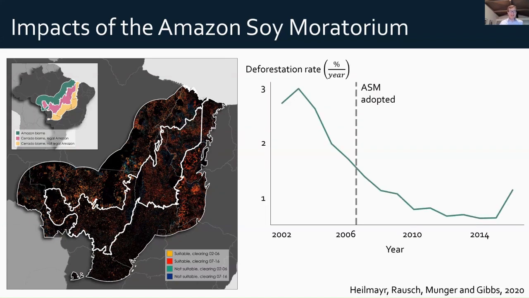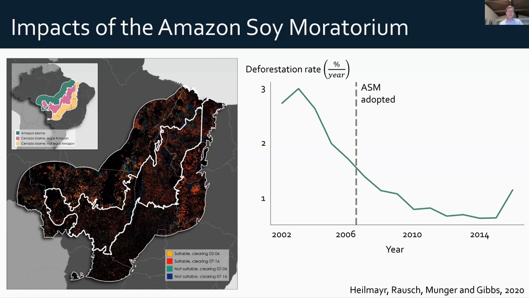So if we go back to my Amazon soy moratorium motivating example, right, we've calculated this deforestation rate within the Amazon biome. How would we think about creating a counterfactual? Well, maybe I know that the Amazon biome was unique in that that's where the corporate policies were targeted, but the government actually adopted a whole lot of other policies, right? So this decline in deforestation, you can see predates the ASM.